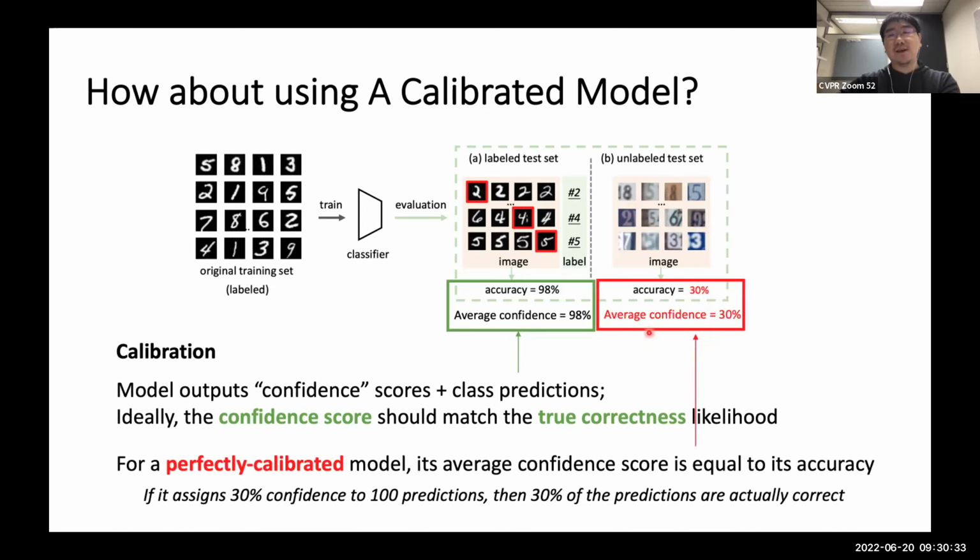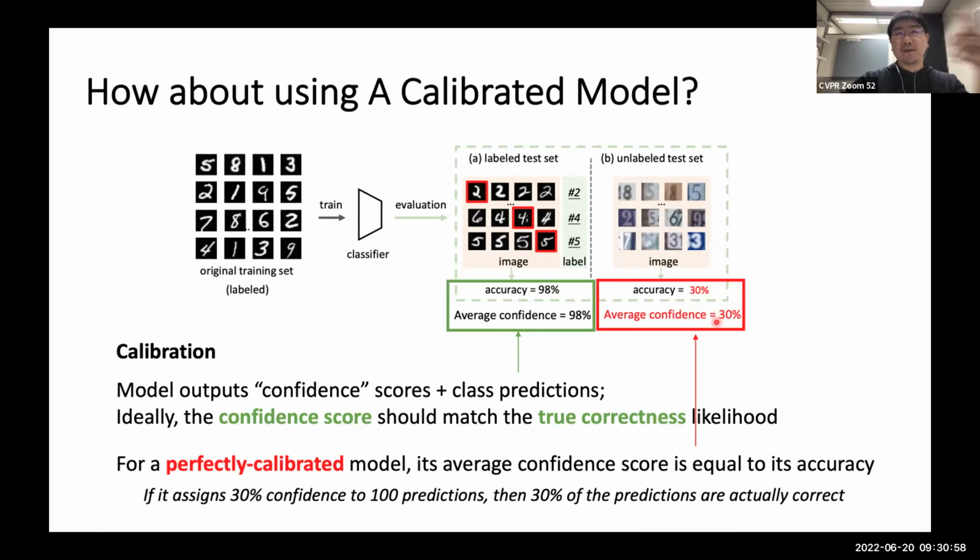For each image, we compute its prediction confidence, and for all the images, we compute the average confidence, say it's 30%, for example. If it's a well-calibrated model, then we could say our test accuracy equals 30%.